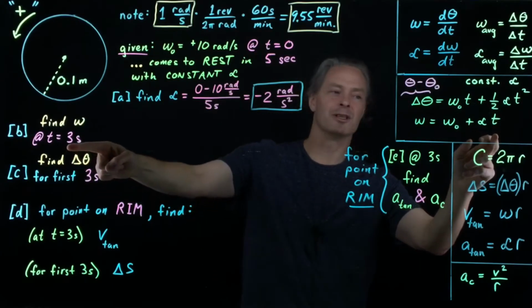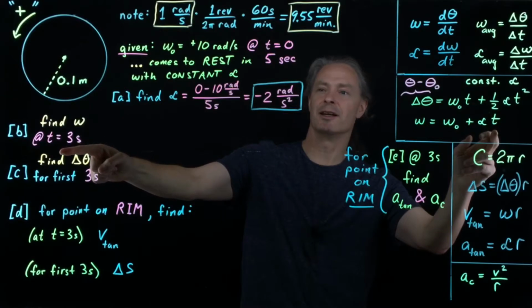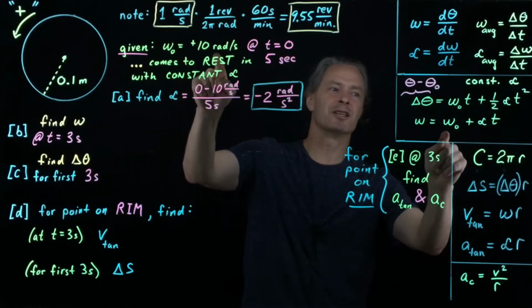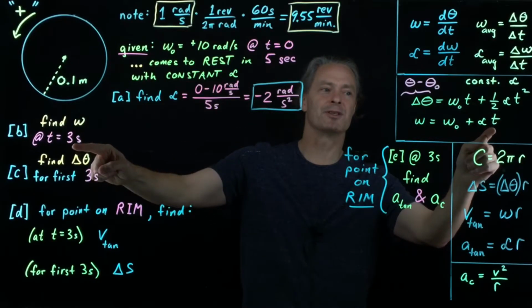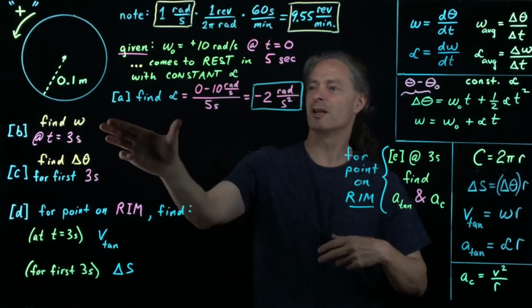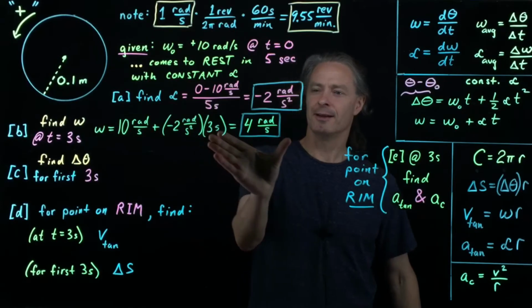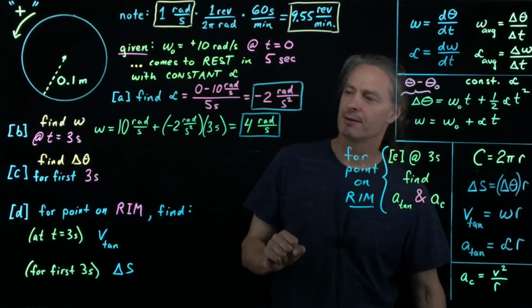We want time t equals 3 seconds, so we'll plug that in there. So plugging in 10 radians per second, negative 2 radians per second squared, and 3 seconds, we can take this and put it here, and that gives us 4 radians per second.